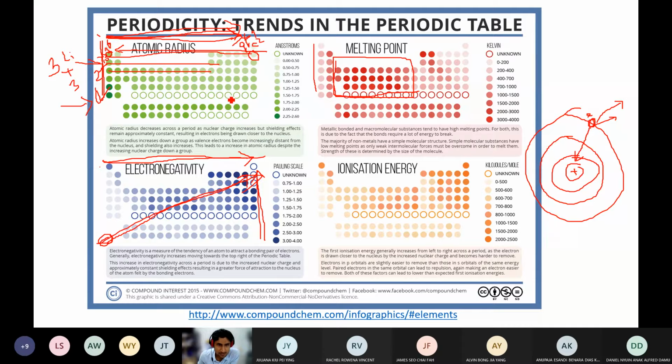But for non-metals, usually their structure is very simple, not that complicated. Even though they are bonded together, in between them they are weak bonds.